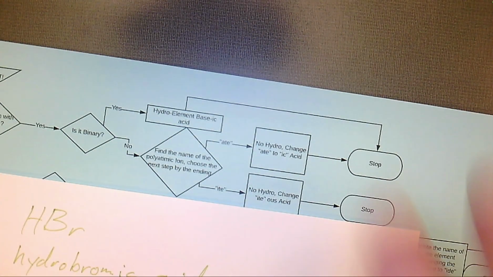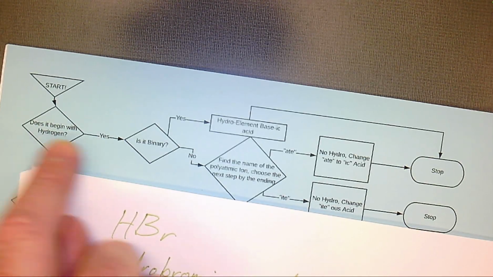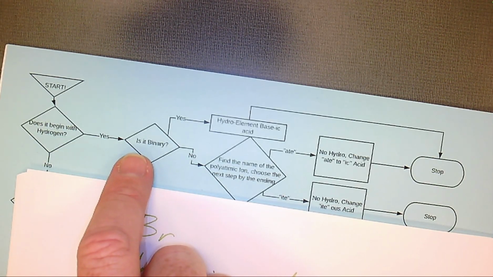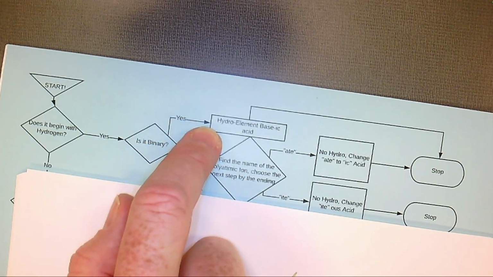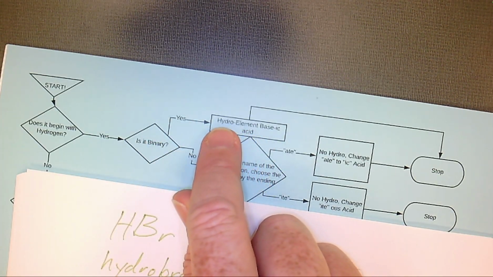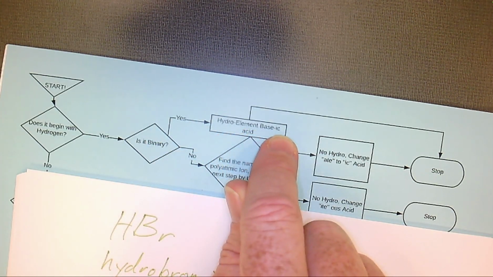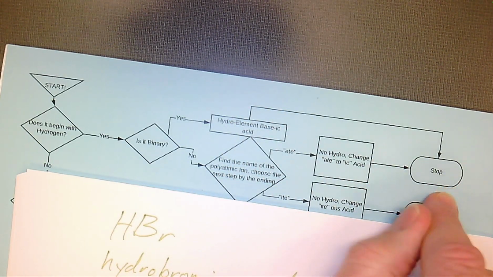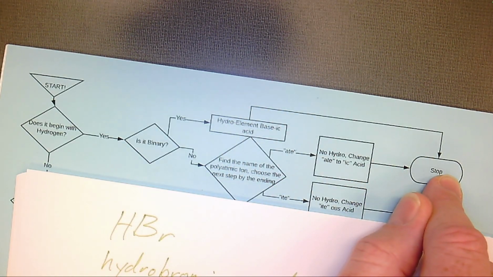So what we did, following our flow chart, did it begin with hydrogen? We said yes. If it had been no, we'd go down this way. Is it binary? So yes, it was. And then right here, hydro, the element base, ic acid. All right. And then we follow the element. We're done. We just stop.